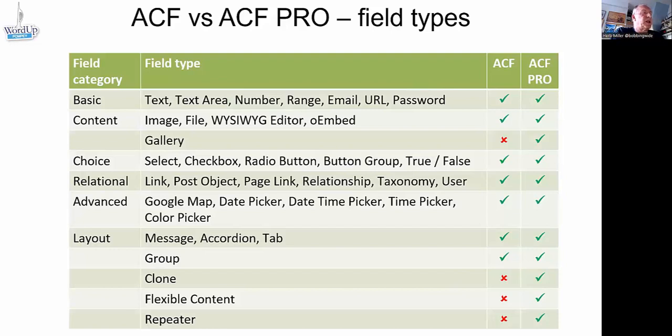And then content fields: image, in other words, picture; file, which could be MP3 or video or something; WYSIWYG editor, which is just a cut down version of the original classic editor for the content; embed, which is similar to any embed block, so it's just a URL which would cause something to be embedded from another site.